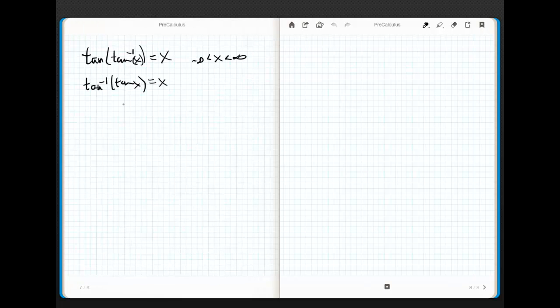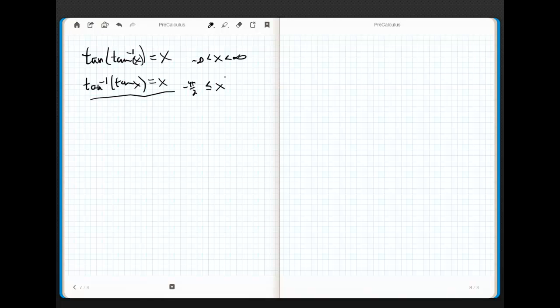So what we end up with is this is only true when x is between negative pi halves and pi halves. Now the question becomes, what happens if x isn't between negative pi halves and pi halves? What do we do then? Again, we're going to play with those in class for sure.